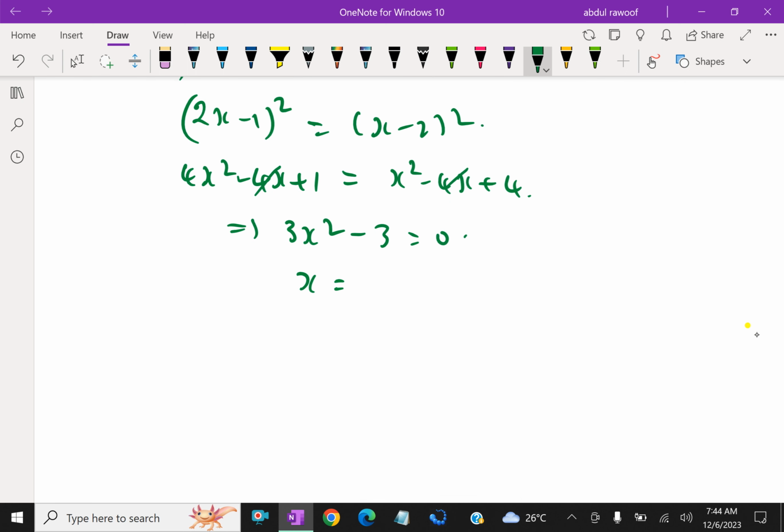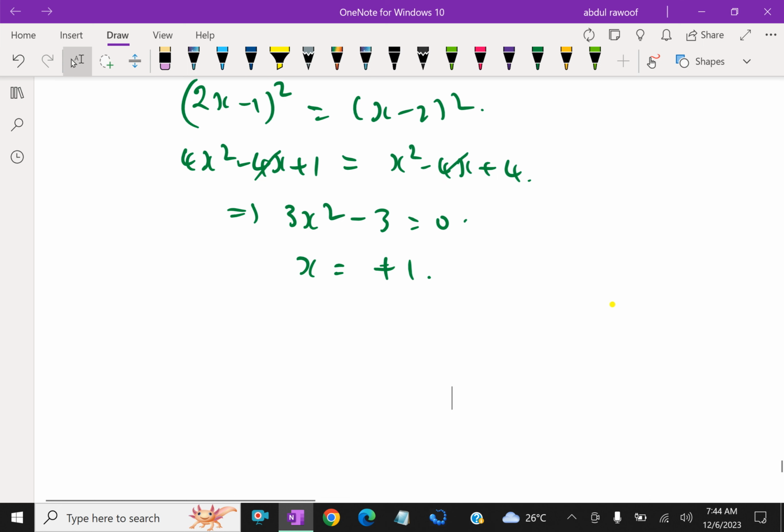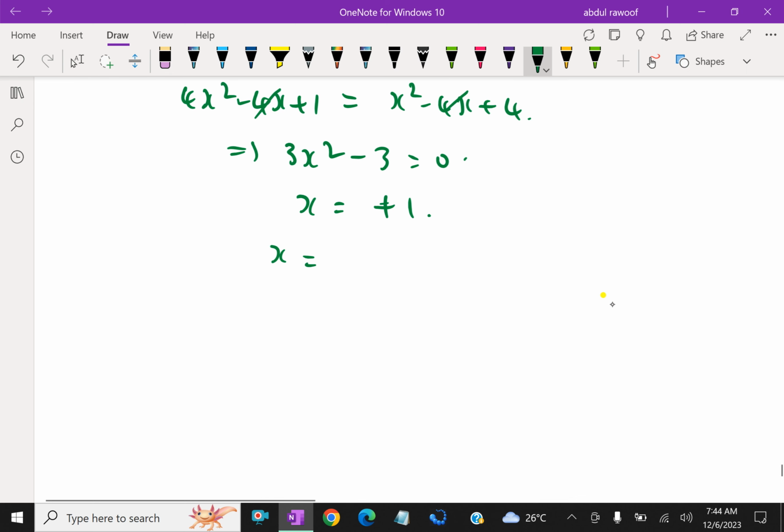Therefore 3x squared equal to 3, x squared equal to 1, x equal to plus or minus 1. So we got x equal to minus 1 or x equal to 1.